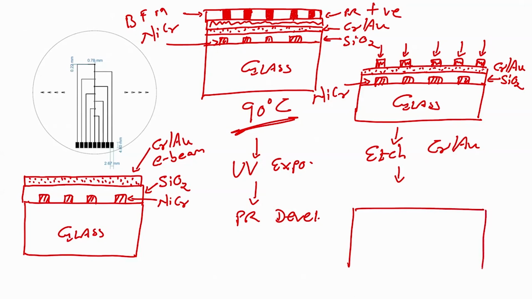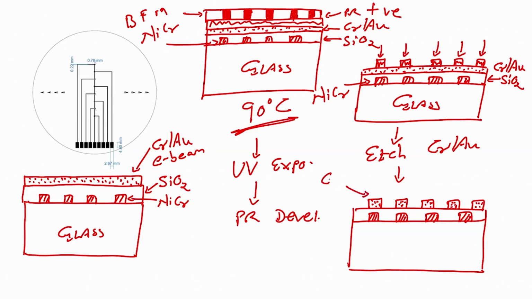You will have a wafer, a glass substrate, right, with interdigitated electrodes at the top, SiO2 next to it, at the bottom there is a heater and the substrate is your glass.